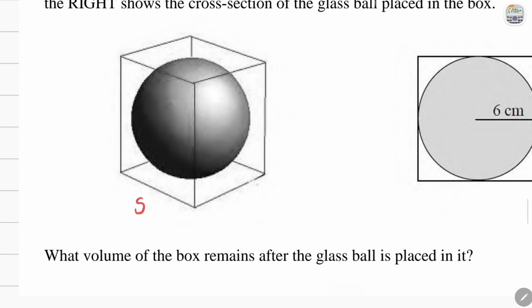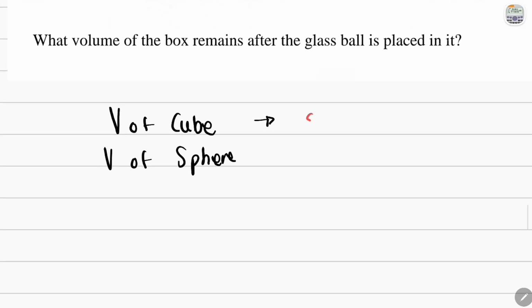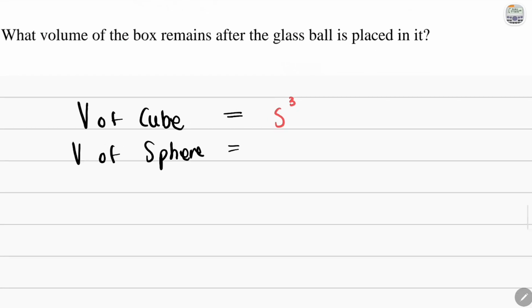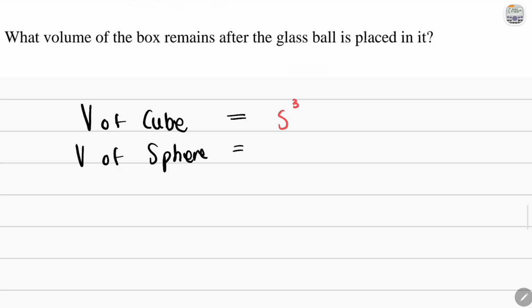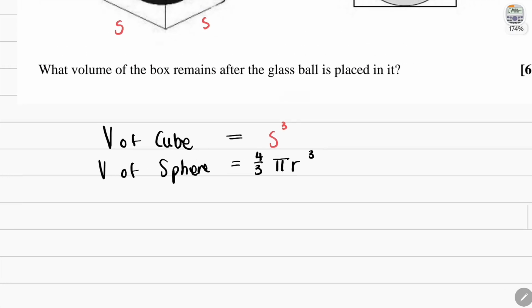So we can look at this as side, and this is also side. So it's just going to be side cubed. But then the volume of a sphere, we need to find out what that is. Remember that you need to remember your formulas. The volume of a sphere is 4/3 pi r cubed. So there we go.